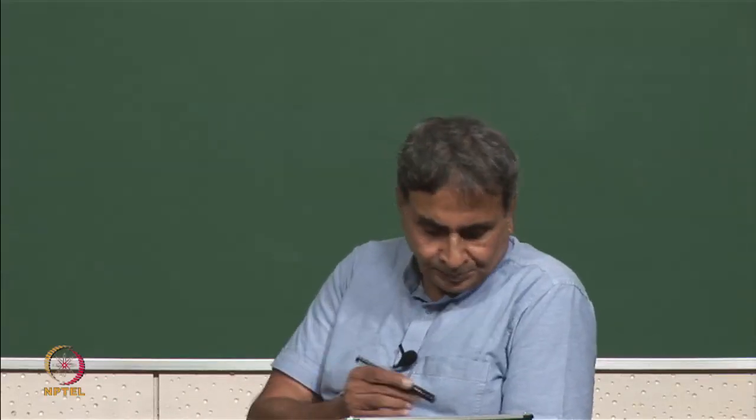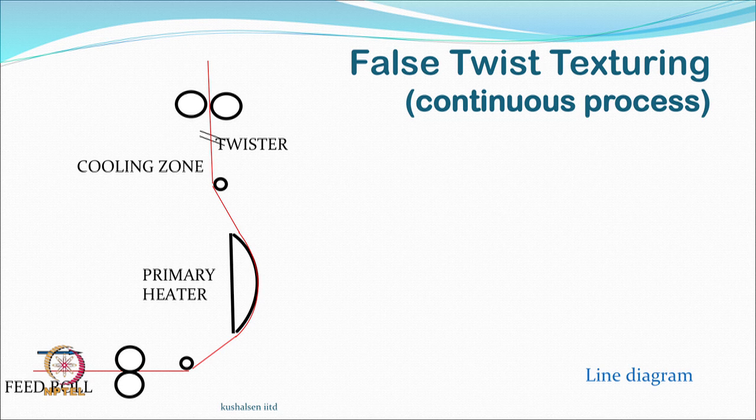that setting. This is a line diagram of another method which is called false twist. So, the yarn comes from this side, maybe from a package, feed roller, you take the yarn, then there is something called a heater. So, the yarn passes over the surface of the heater and is guided to another thing which is the take up roll, and between these two rolls you have what we call a primary heater.